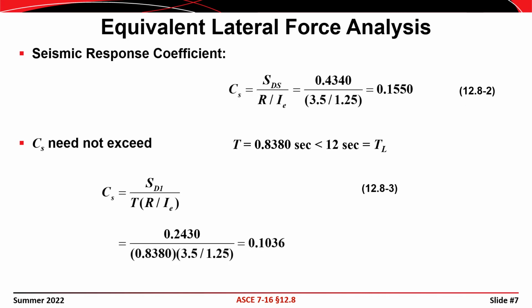Substituting in, we see that C sub S need not exceed 0.243 divided by 0.838 times R over I equal to 3.5 divided by 1.25, or 0.1036. So this indicates that the period of our structure is greater than T sub S, and we have the seismic response coefficient equal to 0.1036.